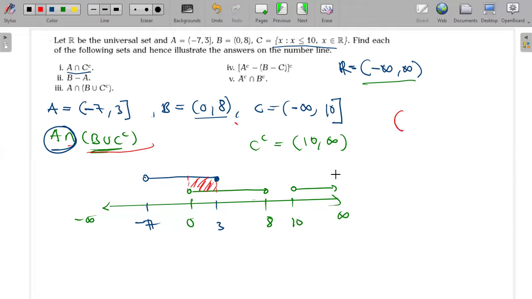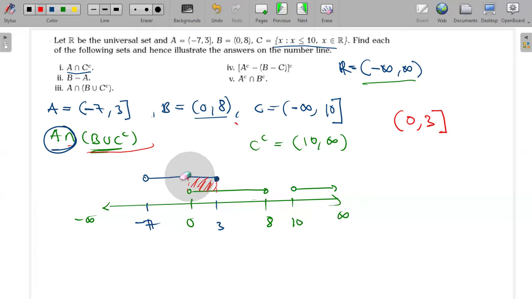So in between 0 and 3, at 0 you see that it's open there, so it will be open like that. And then at 3, it's closed in this one, and 3 is also in this set here, so it's going to be closed there. So this here is the answer I'm looking for.